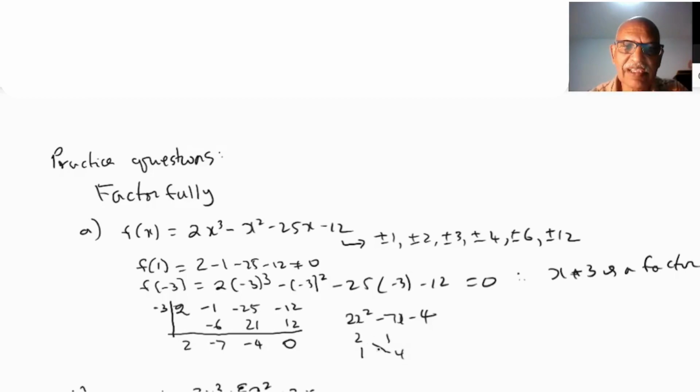So negative 8 plus 1 will be negative 7. Therefore, the factors of this will be 2x plus 1 and x minus 4.